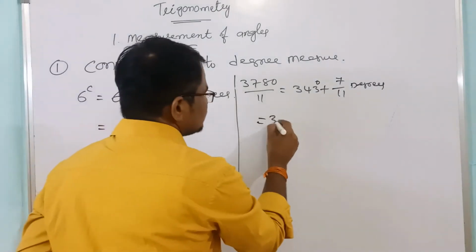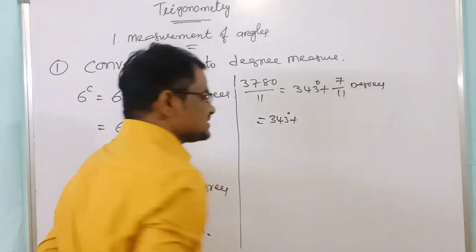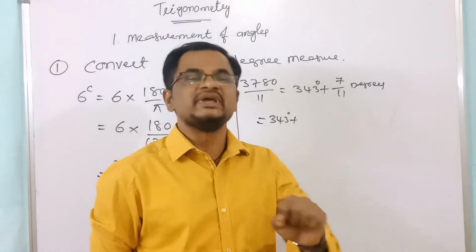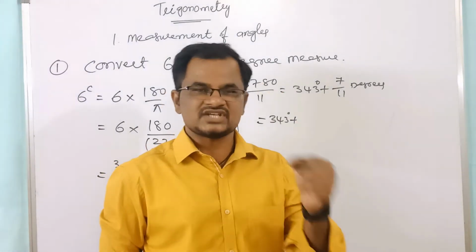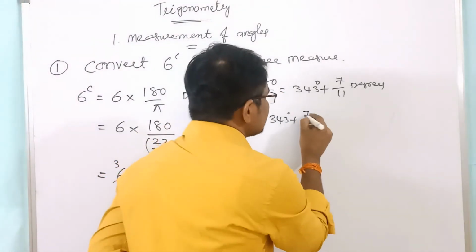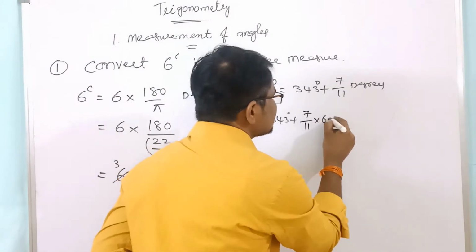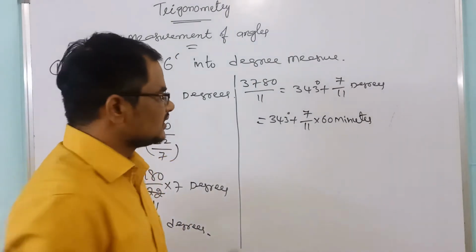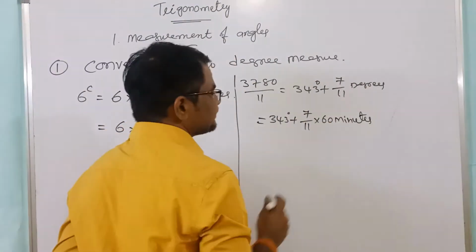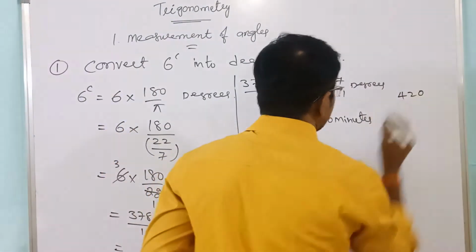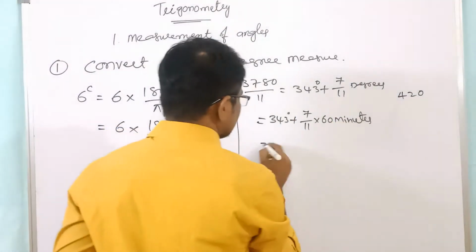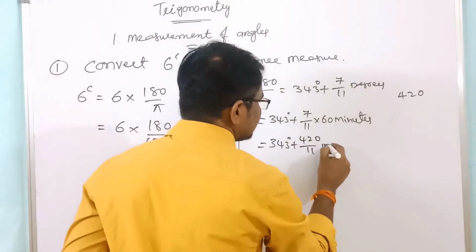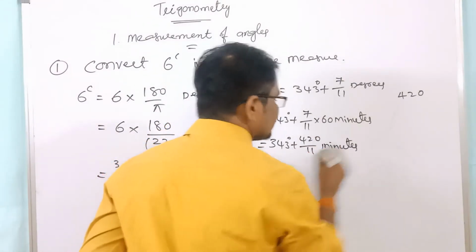That is equal to 343 degrees plus, again, this fractional degrees I will convert into minutes, that is 7 by 11 into 60 minutes. If you write like this, 7 into 60 means 420. So that is equal to 343 degrees, 420 by 11 minutes, right?